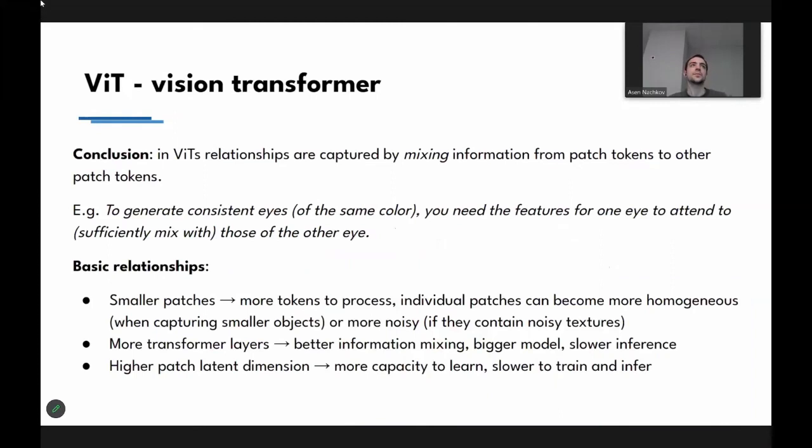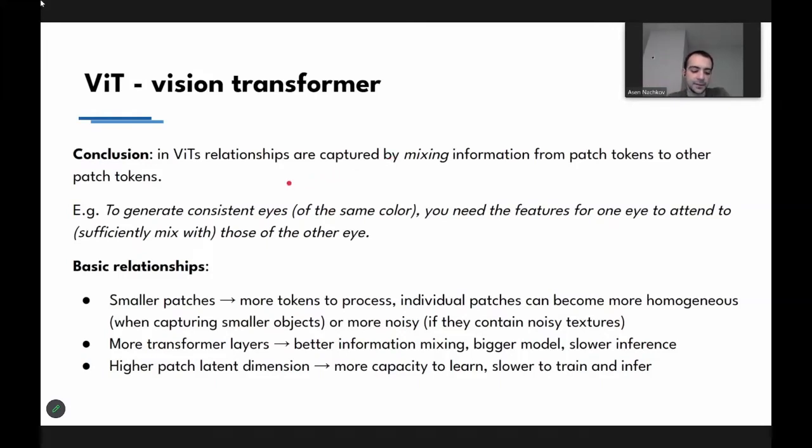And pretty much this is all that is important to say about the ViT. I'd like to stress that ViTs work by mixing information from one patch token to the other patch tokens. And typically, the gain in performance comes from precisely this, establishing correlations between different visual tokens from one end of the image to the other one.